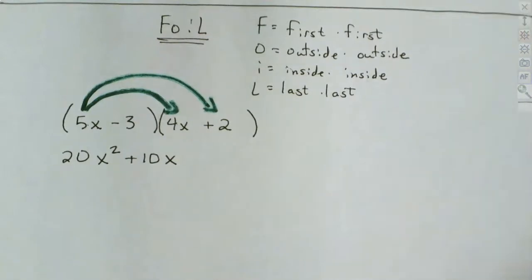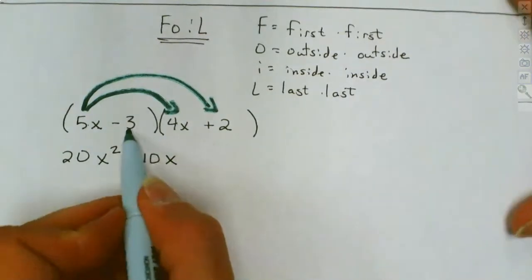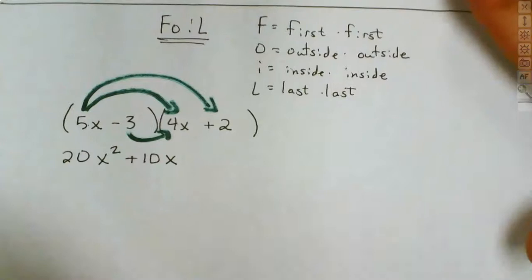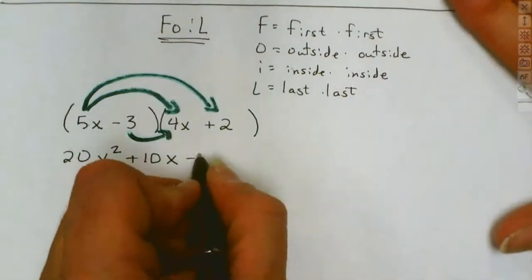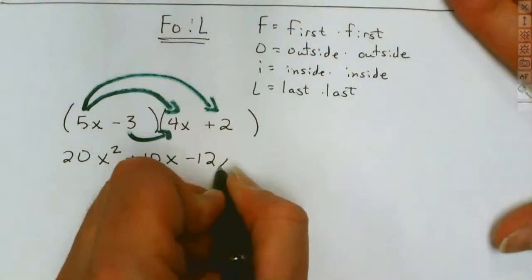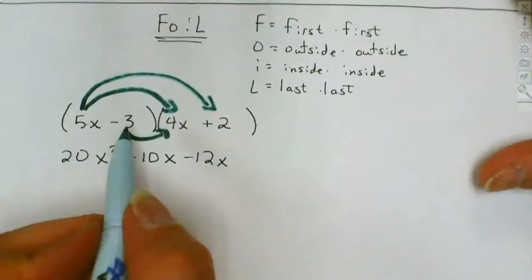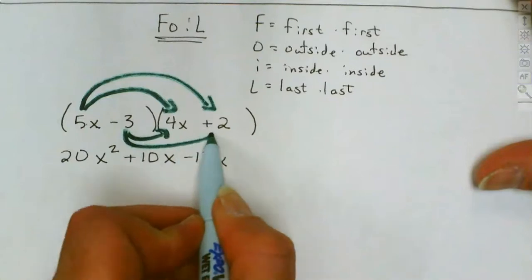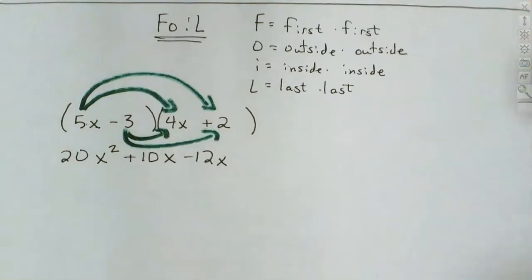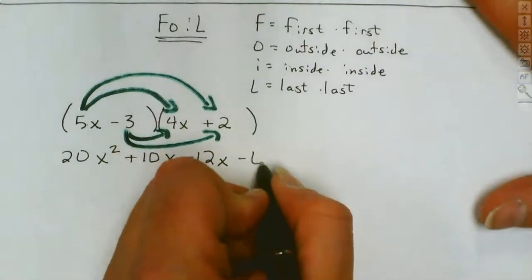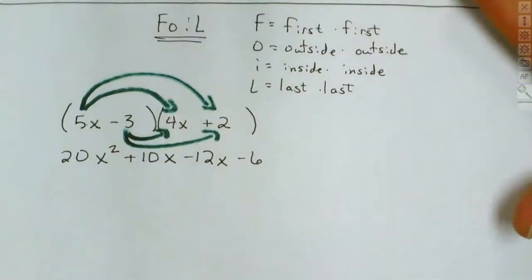What's next is the inside and the inside. And that's negative 3 times 4. That makes it a negative 12, and the x comes along with it. And then finally, we have the last times the last. And that's negative 3 times 2. That makes it a negative 6.